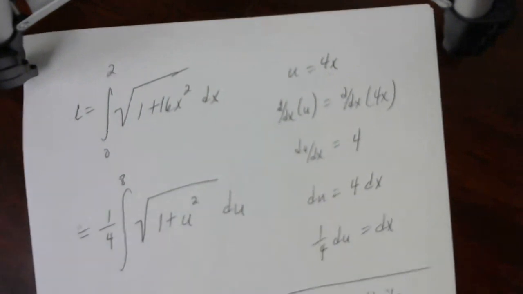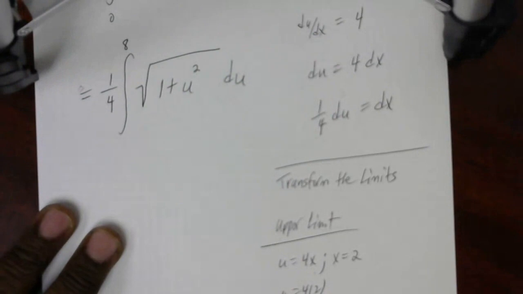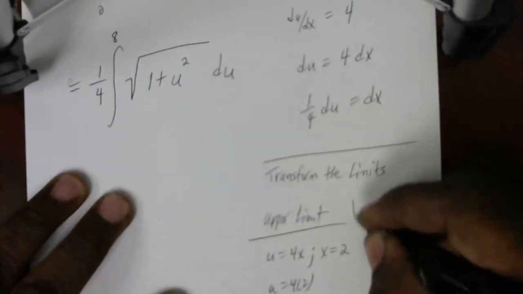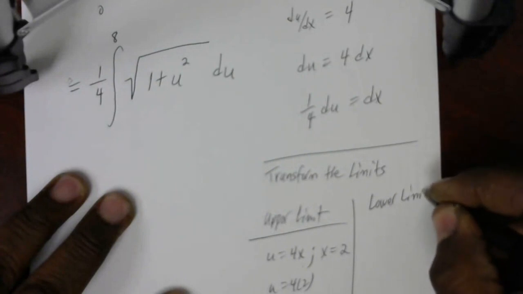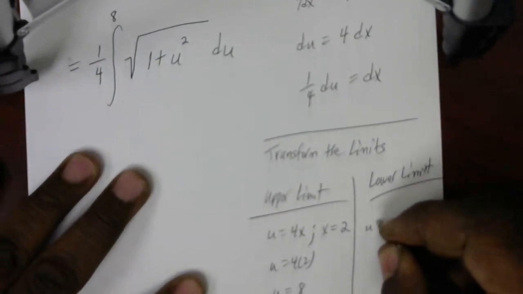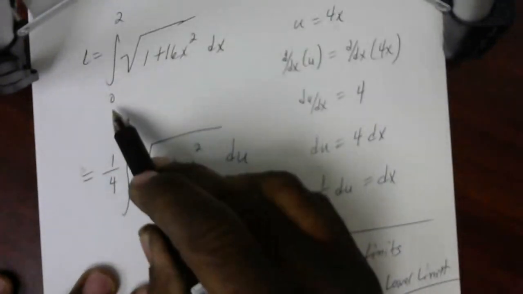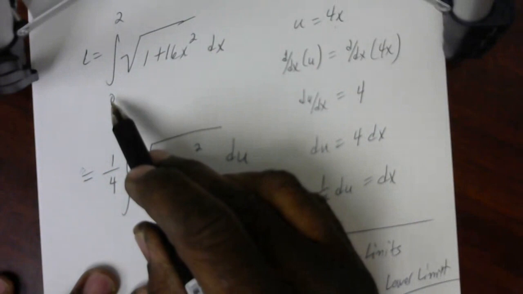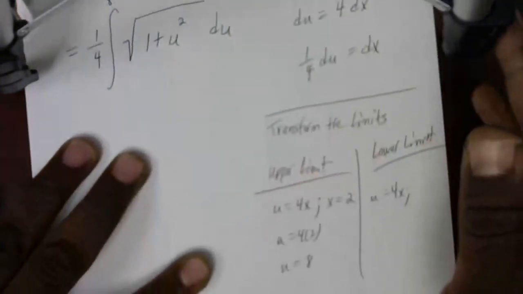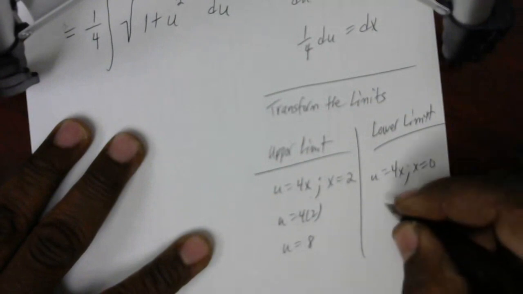I'm also going to do the same thing for our lower limit. I'm going to use the substitution equation, u is equal to 4x. Our lower limit for x was 0, so we're going to substitute x for 0.